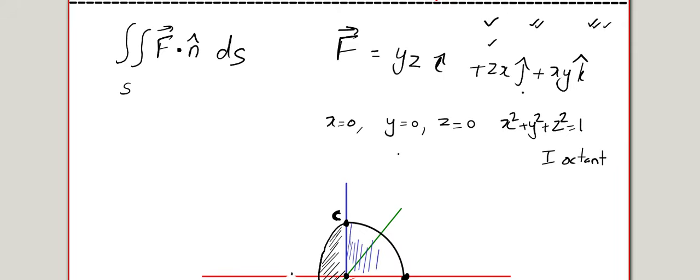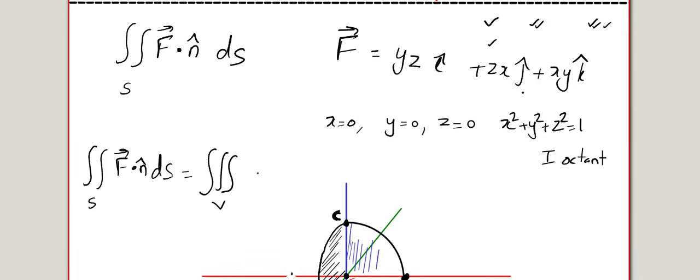Always remember, we can apply Gauss Divergence Theorem only on a closed surface. As always, I am going to write the statement: double integral of F dot n dS is equal to triple integral of divergence of F dV. And I told you one more thing.